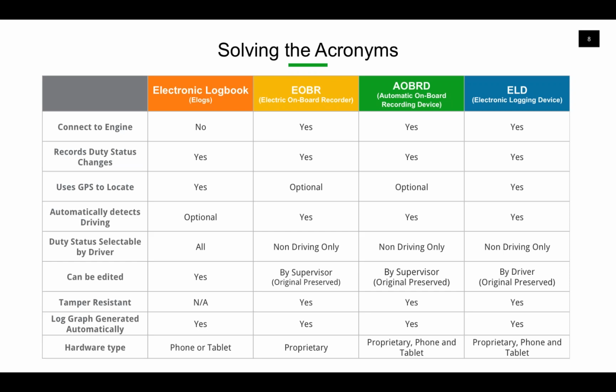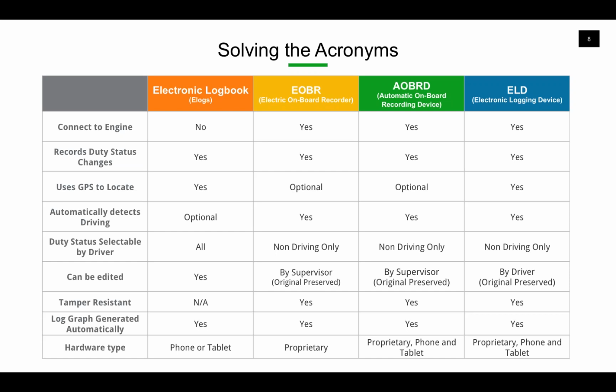Now, when we use the term e-logs, a lot of people confuse that with ELDs, and they think that the app itself is sufficient to qualify as an ELD when it's not. So ELDs really require that engine connection piece, and that's what both the EOBR and AOBRD are. We focus more on AOBRD because that's the actual terminology that was used.